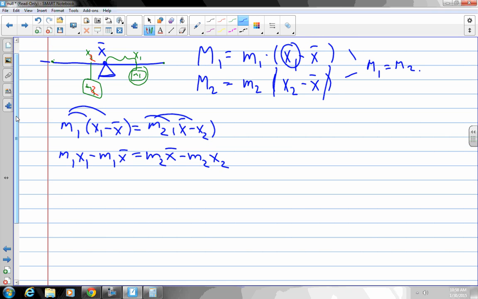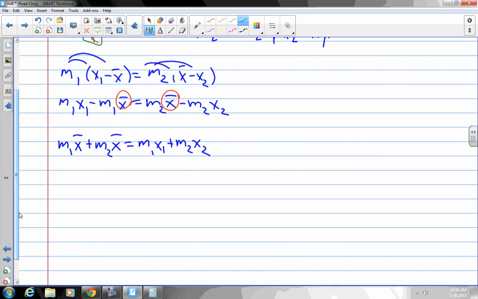But anyway, what I want us to do is solve for the balancing point. That's all I'm trying to do, to find the center of mass. So we'll do this algebraically. That shouldn't be a problem. It's m1 x bar plus m2 x bar equals m1 x1 plus m2 x2. So I can factor x bar out, and then divide.